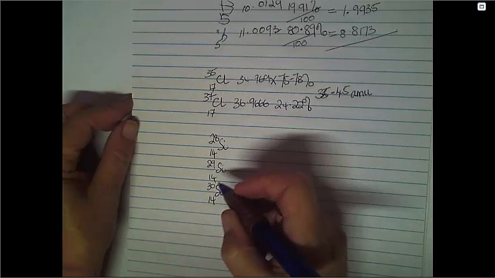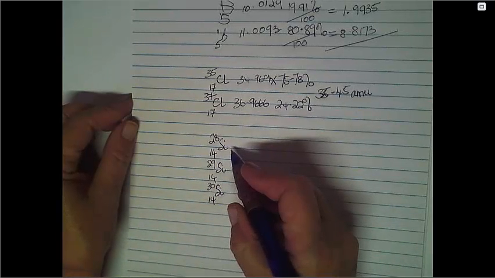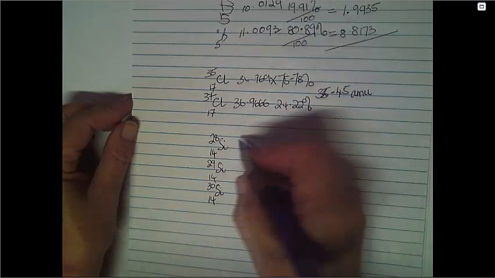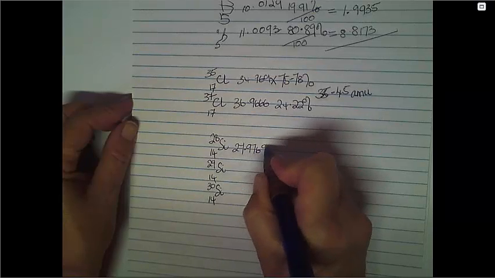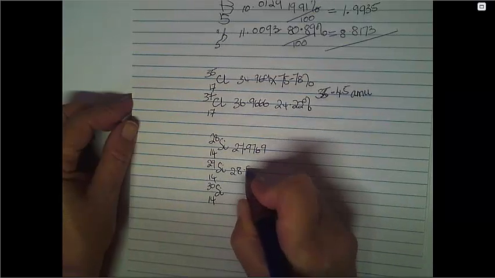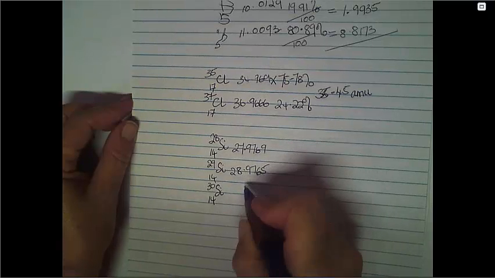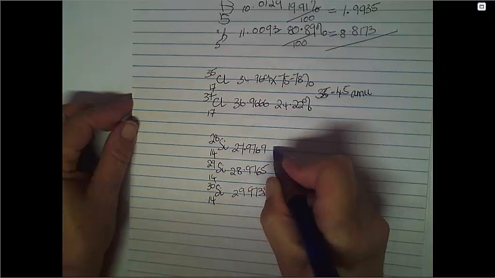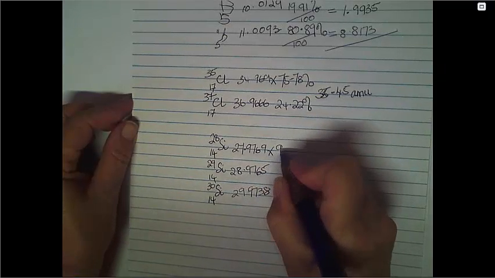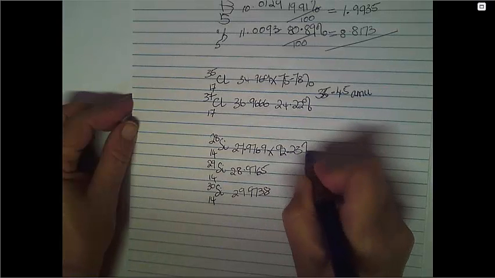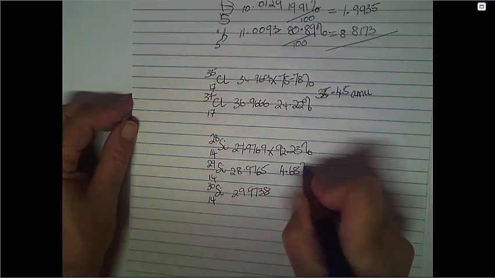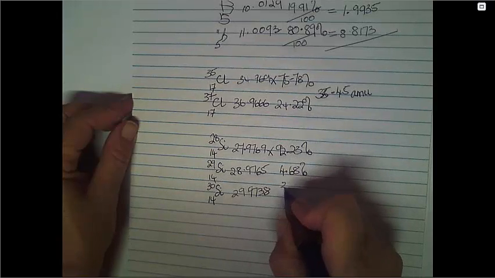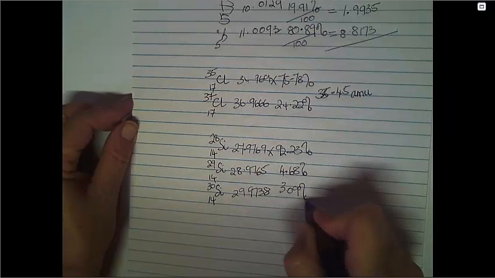The abundances here, silicon 28 is by far the greatest abundance, but let's look at its actual mass first. 27.9769, 28.9765, 29.9738, multiplied by 92.23% and 4.68% and 3.09% respectively.